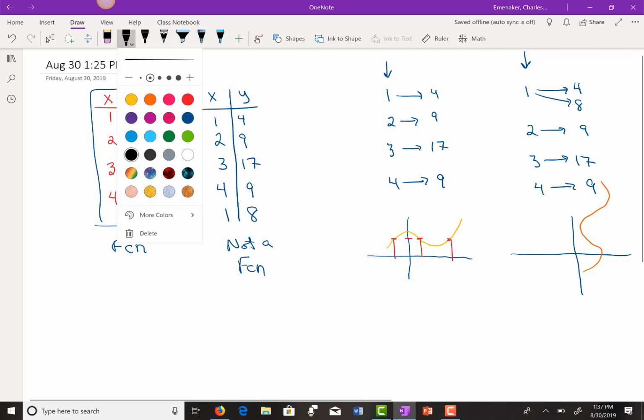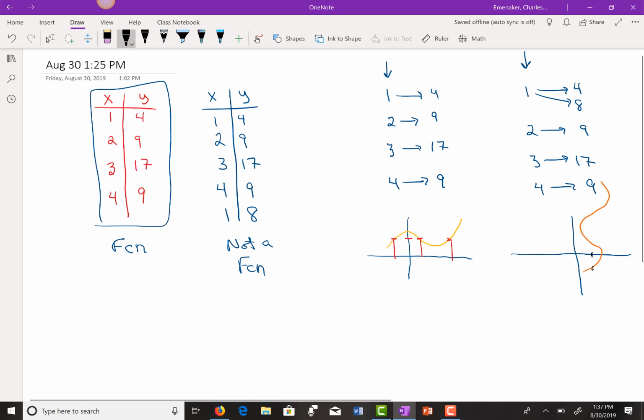Different in that for a specific x value here, it's got to do this y value, this y value, this y value. And now you've got one x value trying to go several directions, don't you? That doesn't work. This second graph is not a function.